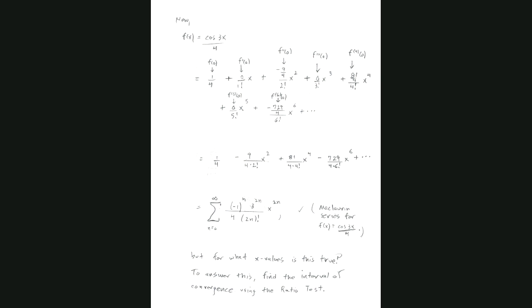You would follow the formula very carefully. And that's what we're doing. We're following the formula very carefully. So the 5th derivative at 0 is 0, and the 6th derivative at 0 is 729 over 4.